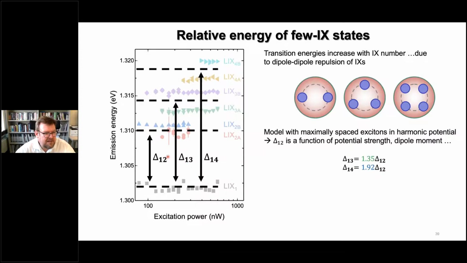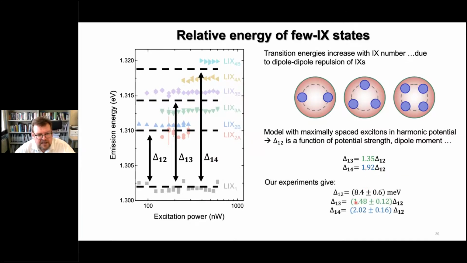And we've calculated the ratio between these energy splittings. The classical or semi-classical model would tell you that the ratio of delta 1,3 to delta 1,2 should be about 1.3, and the ratio of delta 1,4 to delta 1,2 should be about 2.